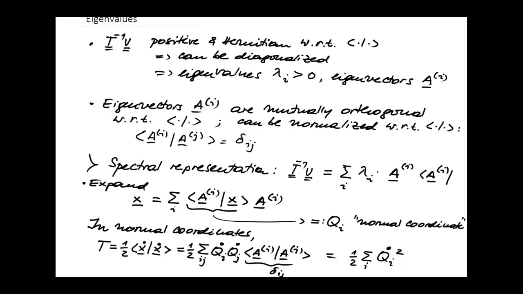We can do the same for the potential energy, and the formula for the potential energy in terms of the normal coordinates also becomes very simple. Remember, the potential energy in terms of the new scalar product was given by 1/2 x new scalar product with T inverse V applied to x.